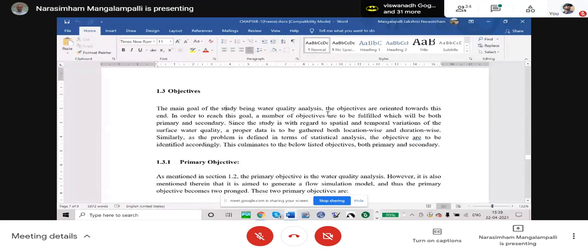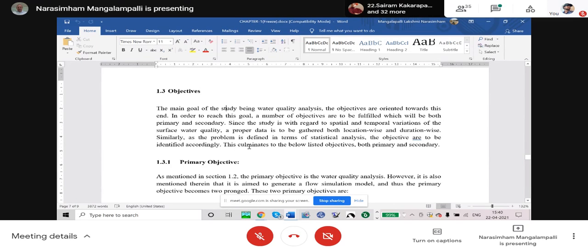Since the study is with regard to spatial and temporal variations of the surface water quality, proper data is to be gathered both location wise and duration wise. Similarly, as the problem is defined in terms of statistical analysis, the objectives are to be identified accordingly.